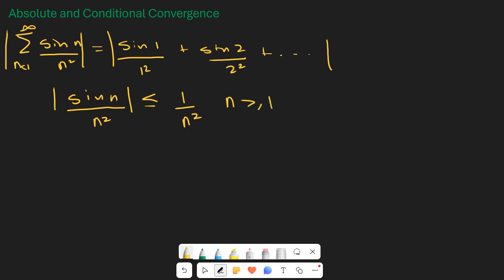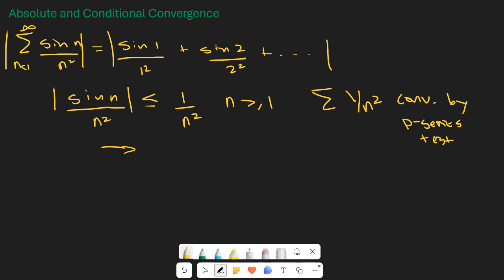Now, what we know is that the series of 1 over n squared converges by the p-series test, and notice that the inequality is in the right form that we want. So this would be a convergent series.